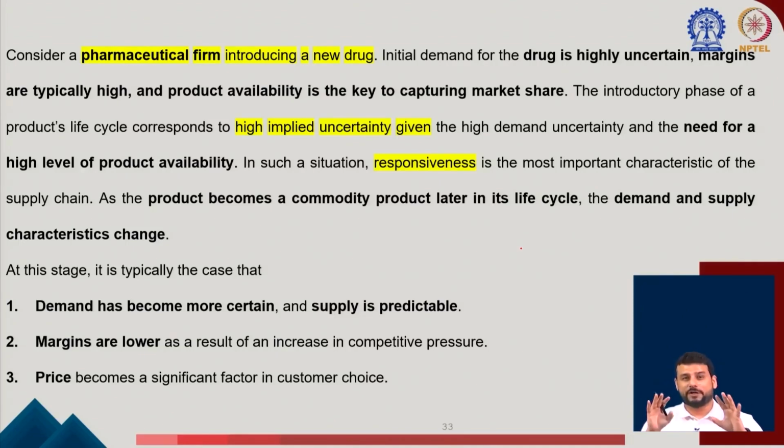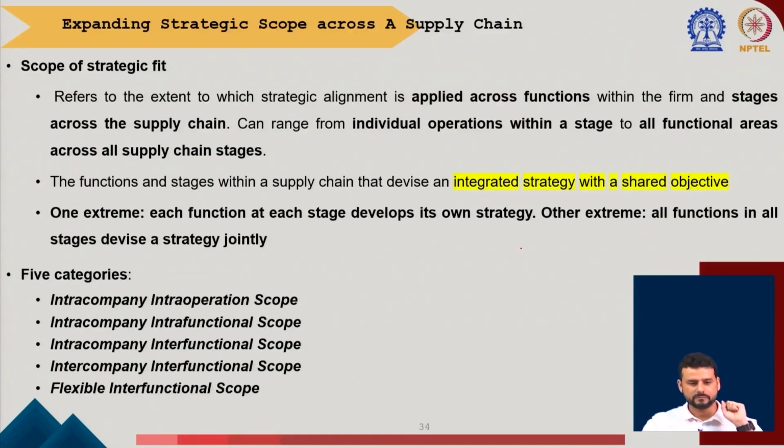How can you ensure this during the introduction time? This is a big challenge. Maybe it is accepted, maybe it is not accepted. The reaction after taking that pill, how it will be, you know. So you are not sure about the demand, you are not sure about the uncertainty. During that time you should be responsive. How quickly can you respond to that?